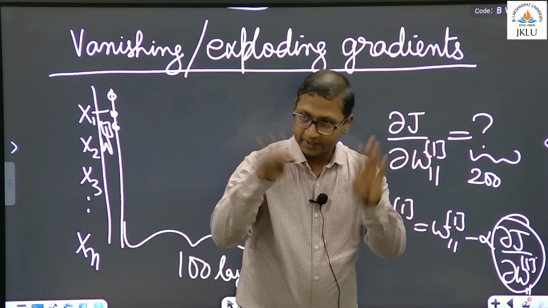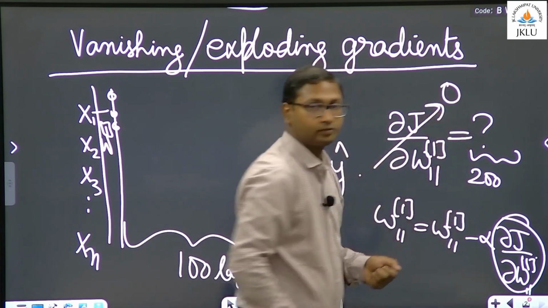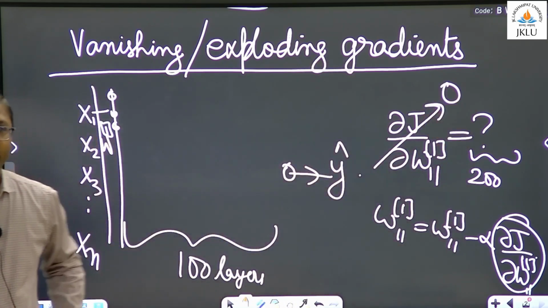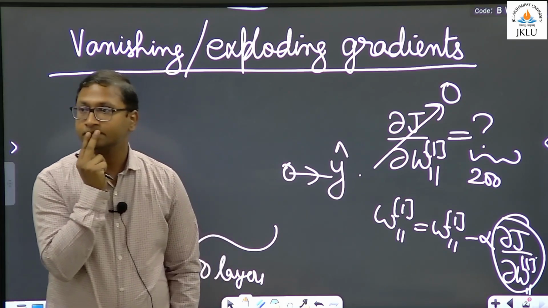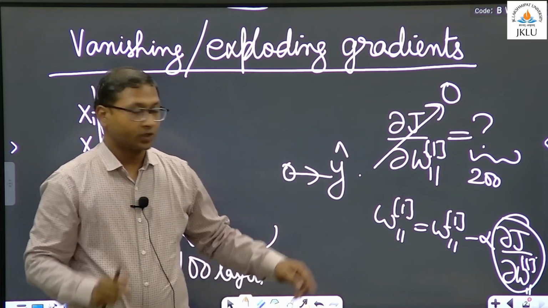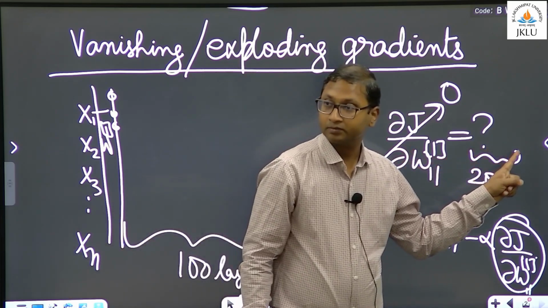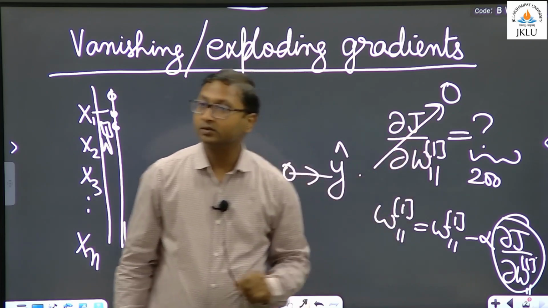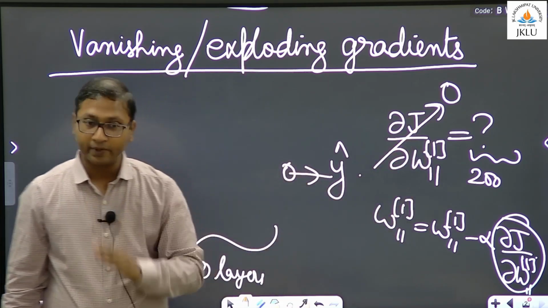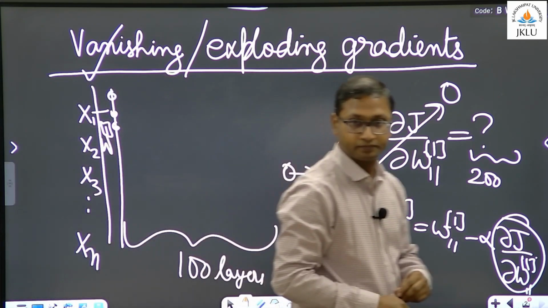Forget underflow, this gradient will go to 0. What's the problem with this? You want it to go to 0, but not for this reason. If it has gone to 0, will you be able to update W11? You won't be able to update W11. This is called the vanishing gradient problem.